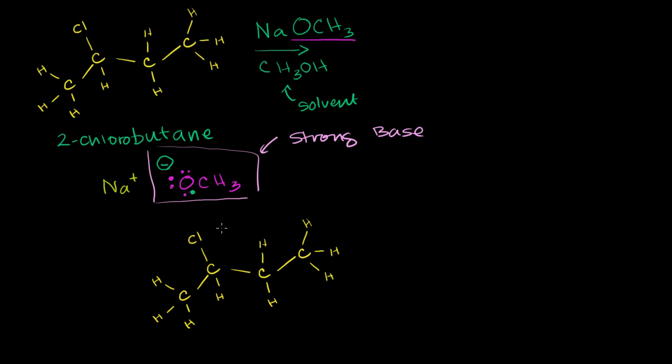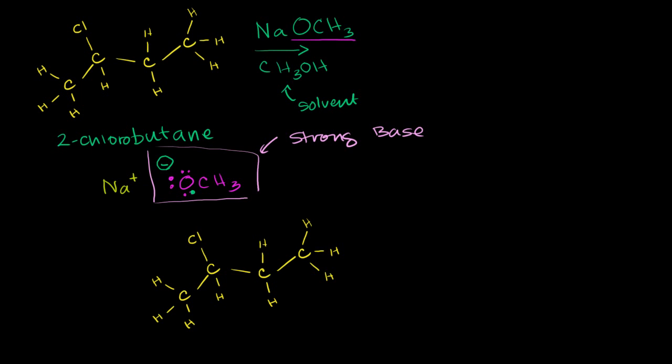I'll give you the most likely reaction to occur here, and we'll talk about other reactions and why this is the most likely in future videos. So it wants to nab a proton. It is a strong base. It wants to give away this electron.